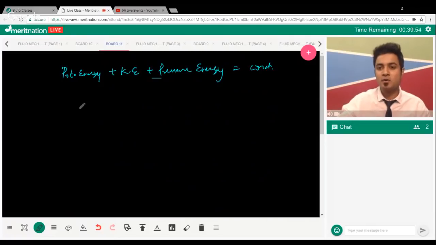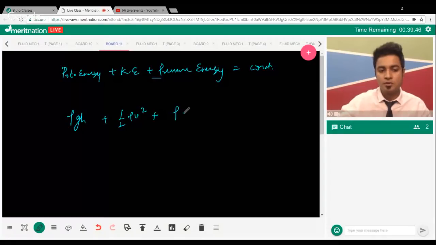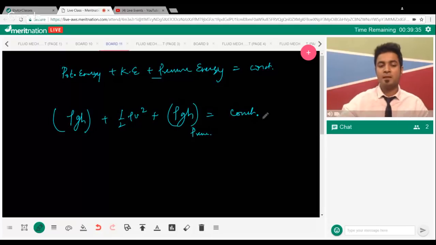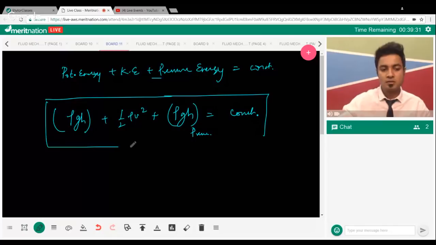So if you write it in the form of energies per unit volume, it would be rho gh plus half rho v square plus pressure P, and this has to be constant. Here, rho gh is the potential energy, half rho v square is the kinetic energy, and P is the pressure energy. This equation is based on the law of conservation of energy.